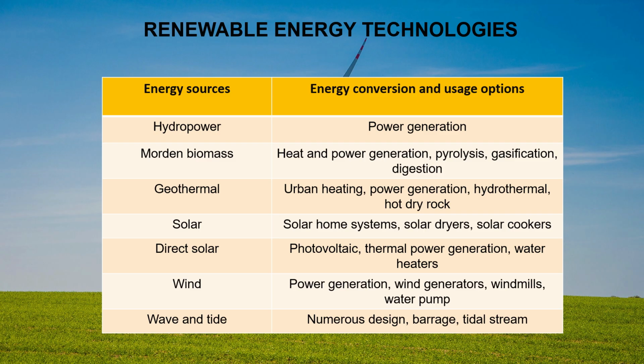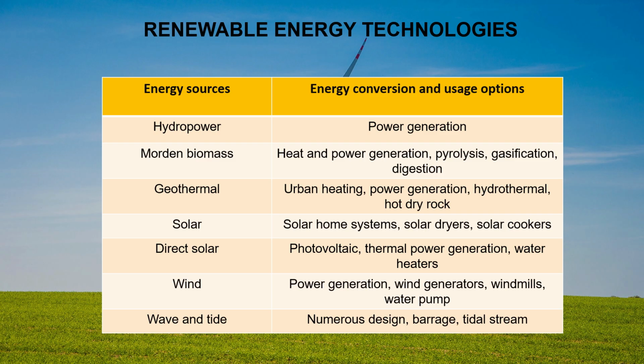As far as usage is concerned, we are utilizing wind energy conversion technologies for power generation, wind generators, windmills and water pumping applications. This water pumping application is very important, particularly for agricultural uses, as we know that India has about 70% agricultural land, and water pumping is one of the important applications for agricultural fields.